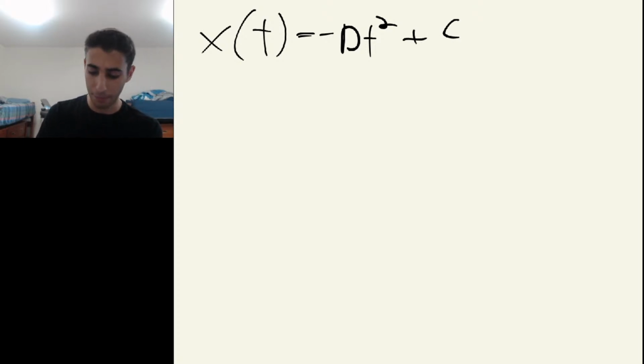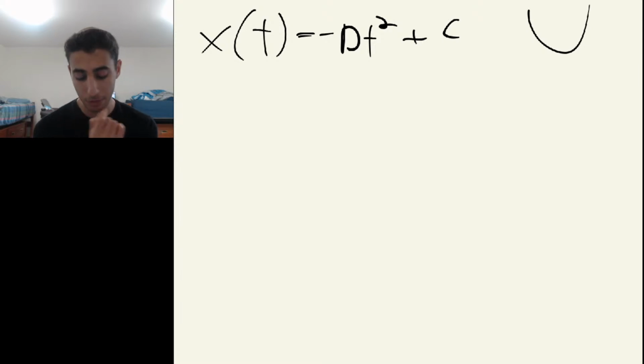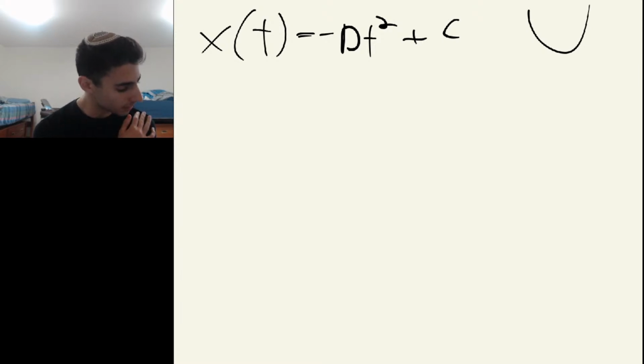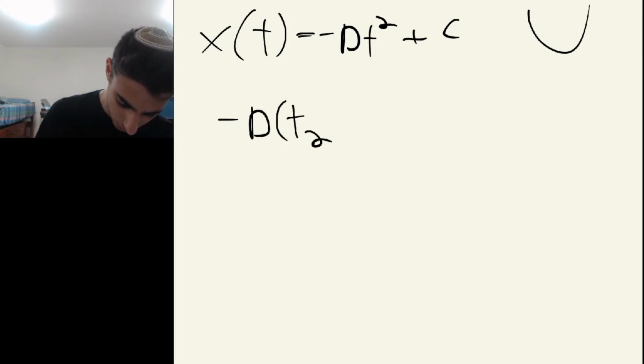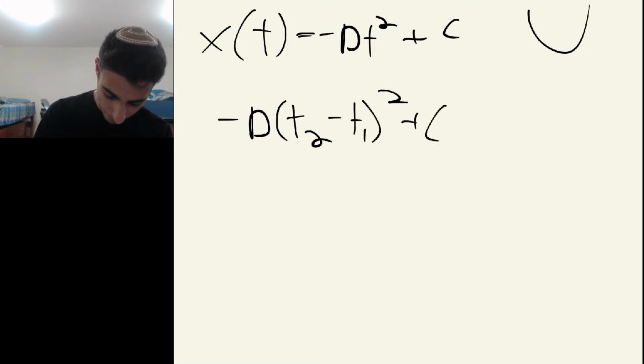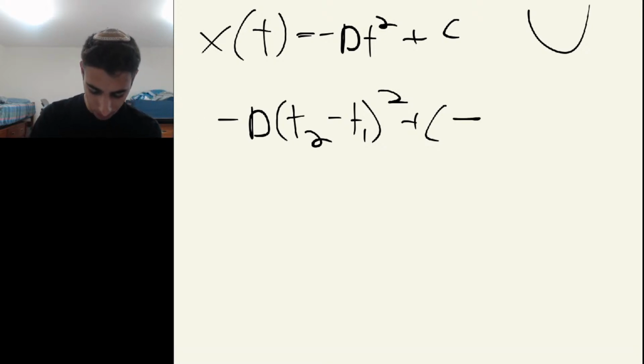This would be a parabola, by the way. So how would you solve this? You can't do it with the average velocity because it will depend on time. Let's solve the average velocity. It would be negative d times t sub 2 minus t sub 1 squared plus c, all of that minus... Oh, sorry, I did this all wrong.